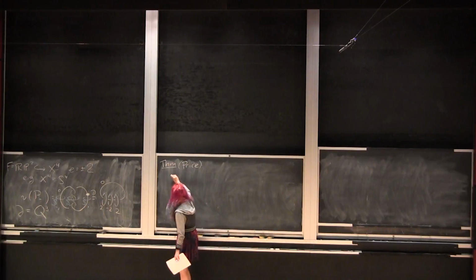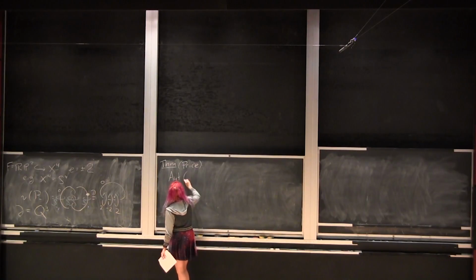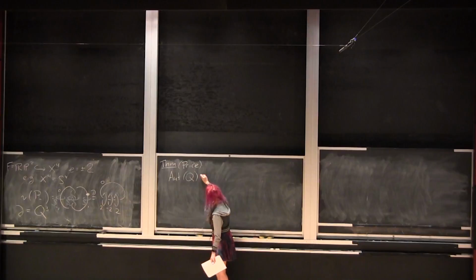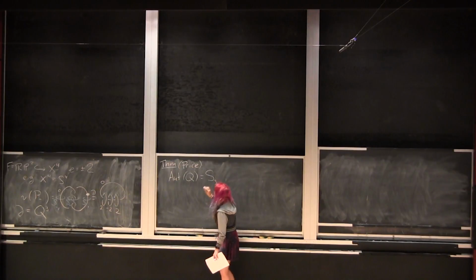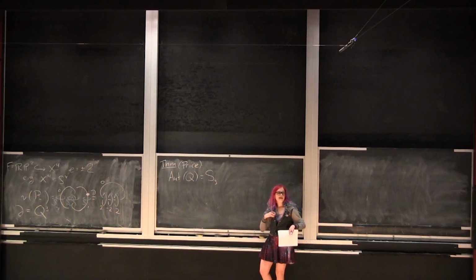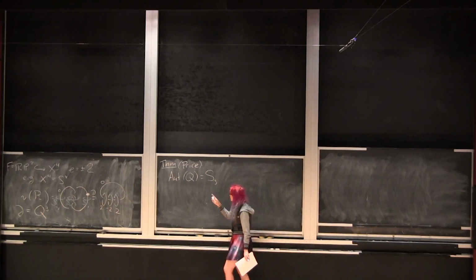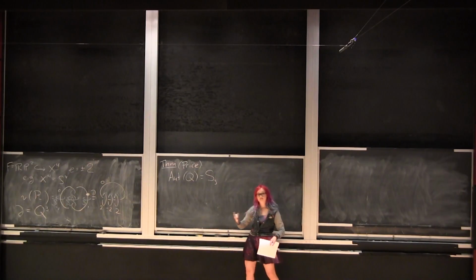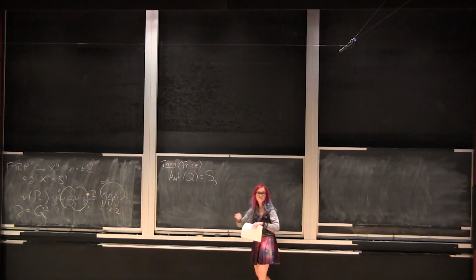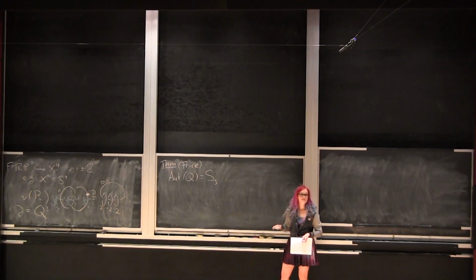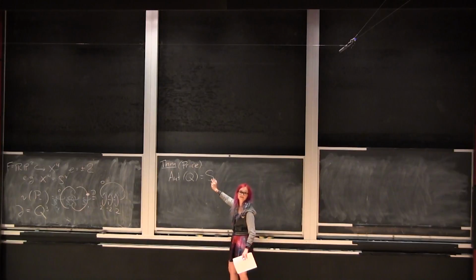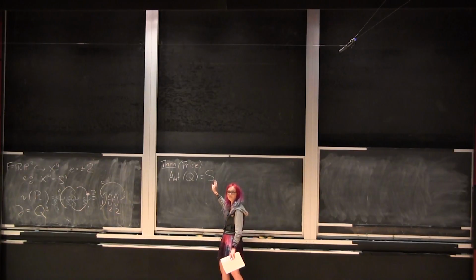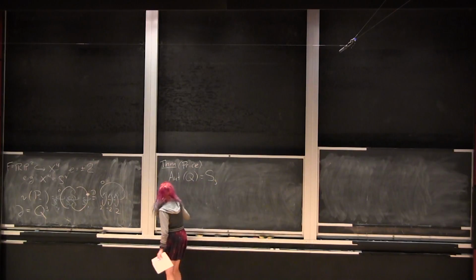And he showed that the automorphism group, so homeomorphisms, is just the symmetric group of order 3. So any self-homeomorphism of Q is isotopic to one which just preserves the Seifert fiber structure, but permutes the singular fibers. And you can achieve any permutation of the singular fibers. So there's exactly 6 self-homeomorphisms, including the identity.